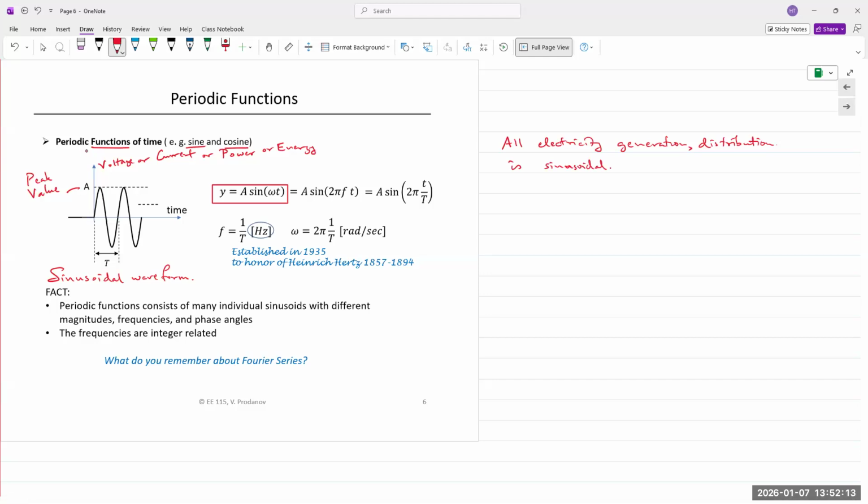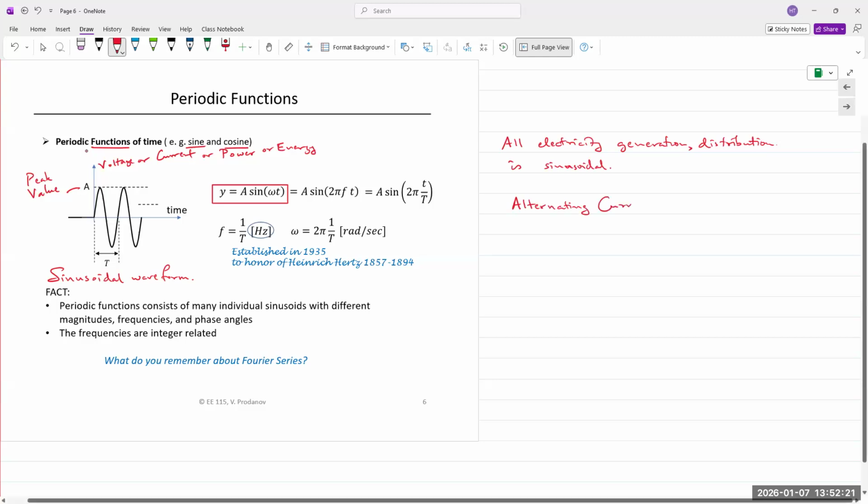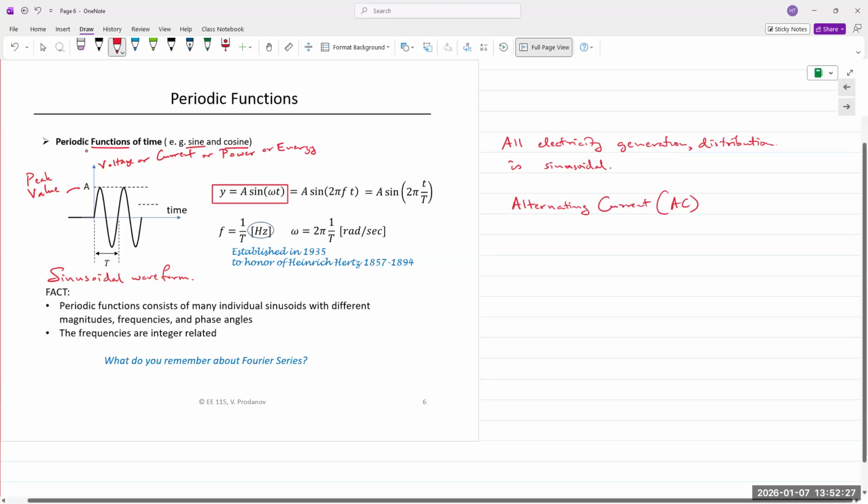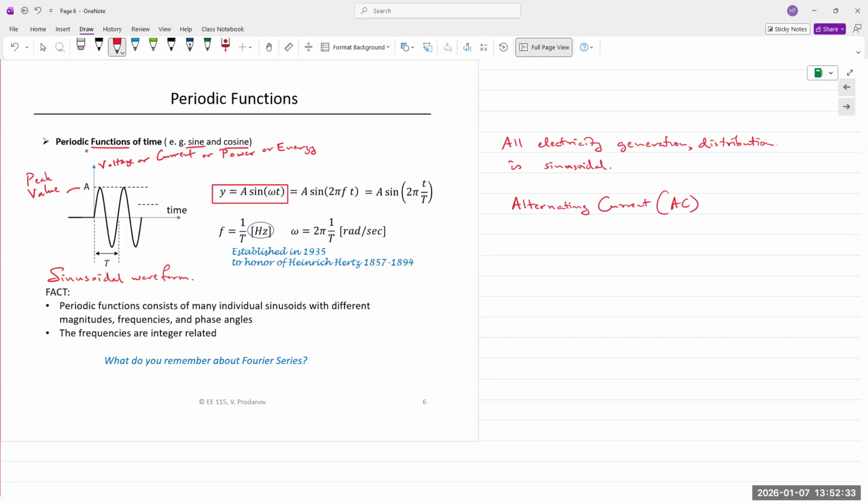And it's referred to as alternating current, or AC. The reason they came up with that name was because the sinusoidal waveform for electricity alternated between a positive peak and a negative peak. And so they call it alternating current.